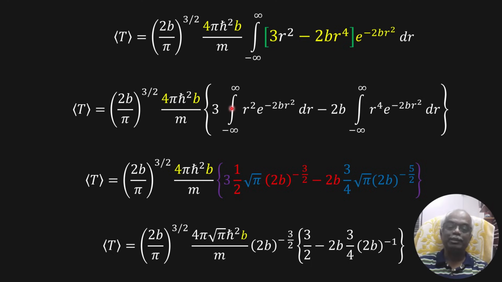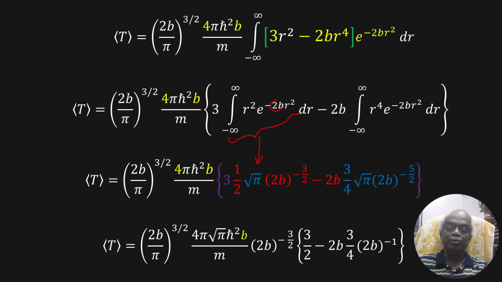This can be separated into two integrals: 3 times the integral from minus infinity to plus infinity of r squared e power minus 2p r squared dr, minus 2p, which I am taking out, times the integral of r power 4 e power minus 2p r squared dr. Now, if you integrate this, this is the Gaussian integral, which is equal to, leaving that 3, 1 over 2 square root of pi times alpha power minus 3 by 2.